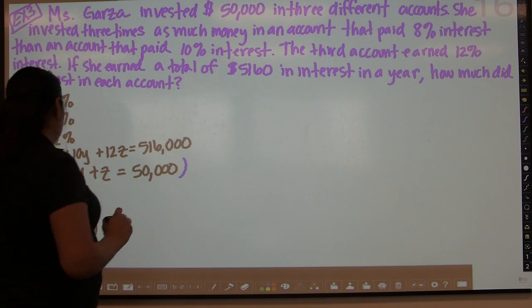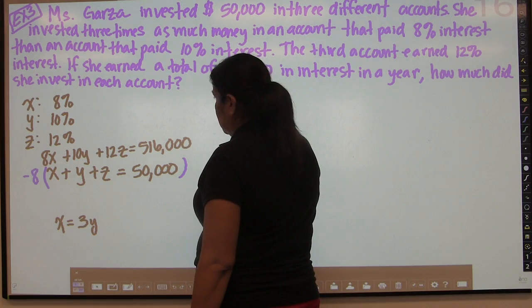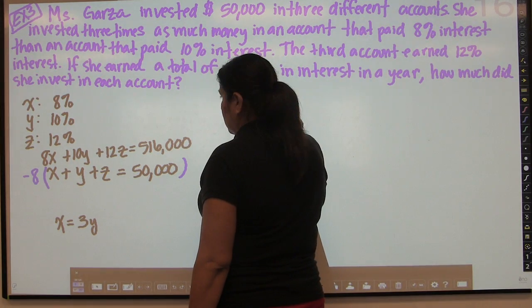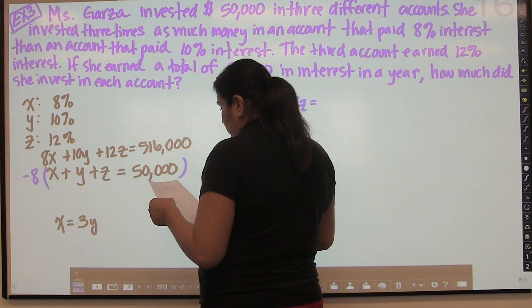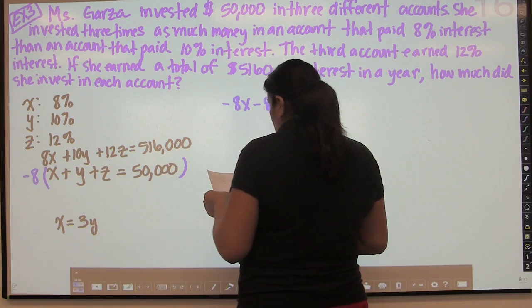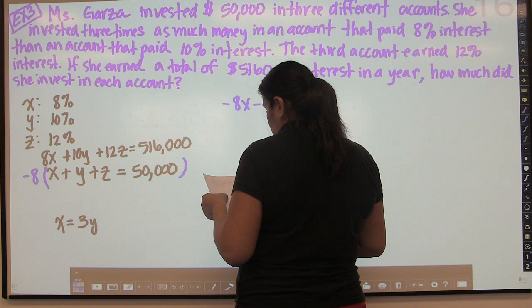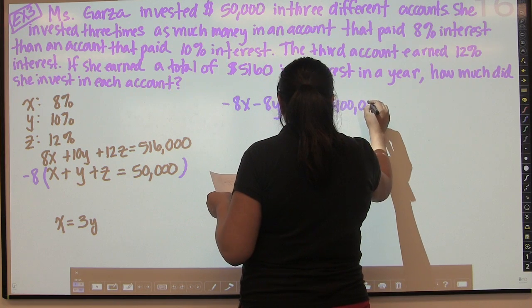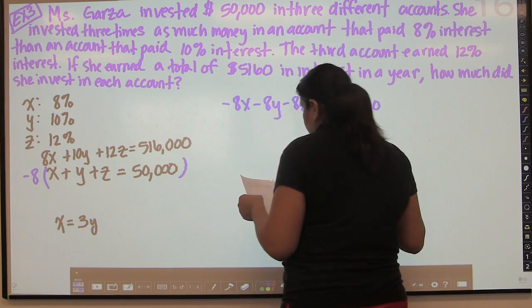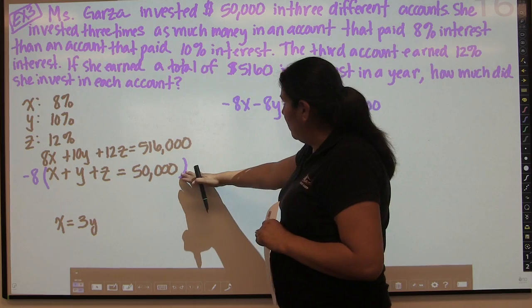So that's going to give me negative 8x minus 8y minus 8z equal to negative 8 times 50,000, which is negative 400,000.